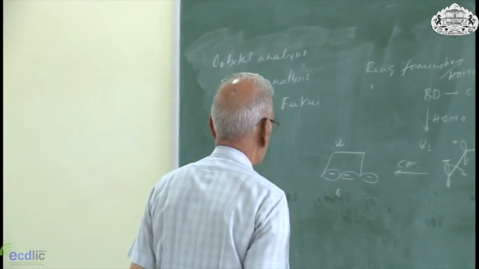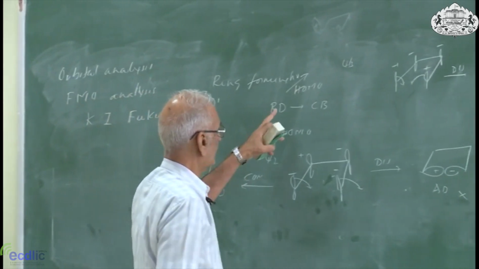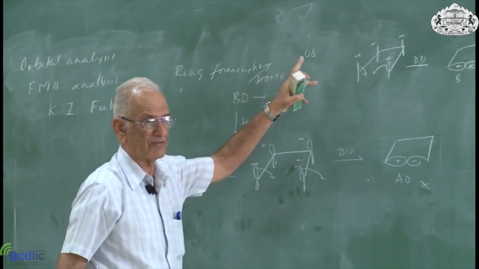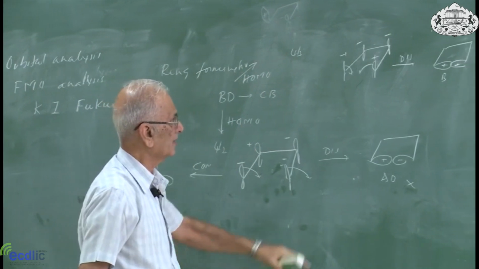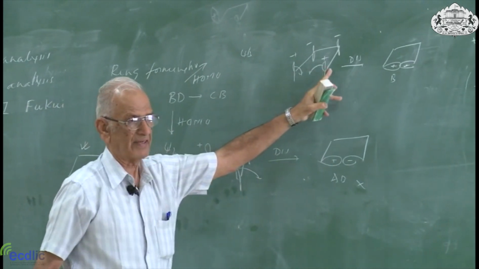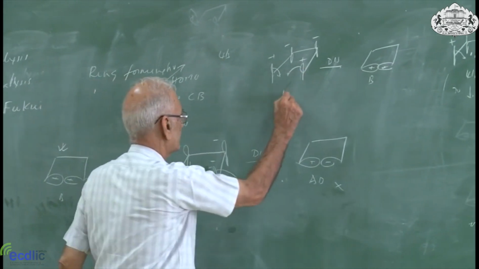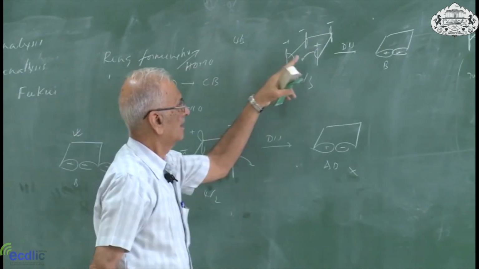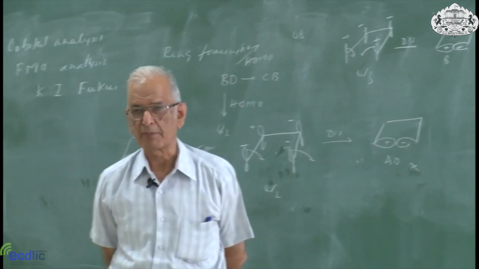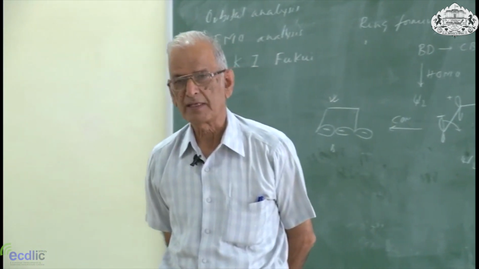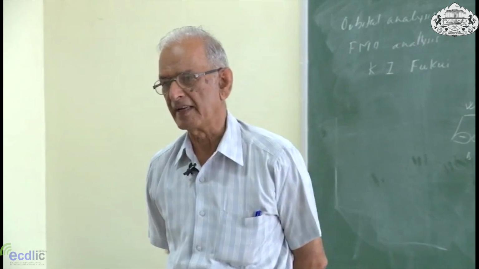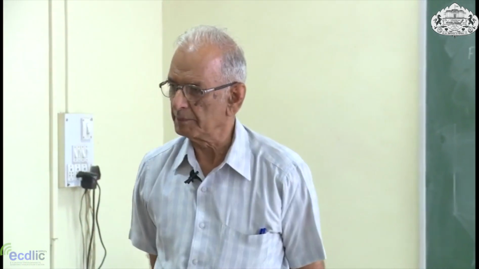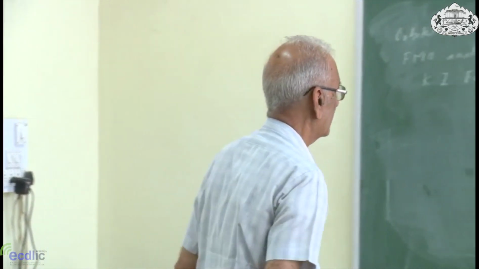When I do photochemical, electron from psi 2 will go to psi 3. Therefore, your HOMO is now going to be psi 3. Do the disrotatory process, the disrotatory process will give me bonding. So, as simple as that. Okay.